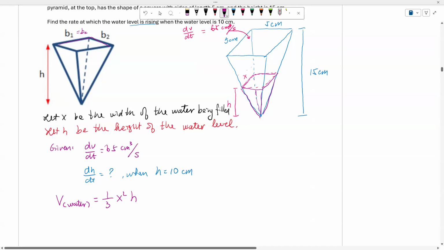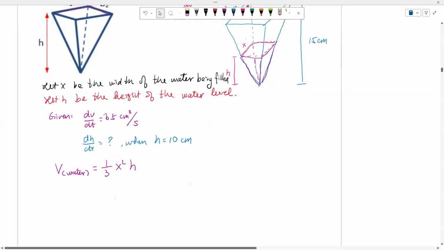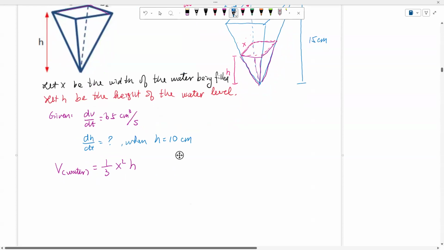Now what we want is to have the volume depend on only one variable, which is h. So let's see how we get rid of this x.